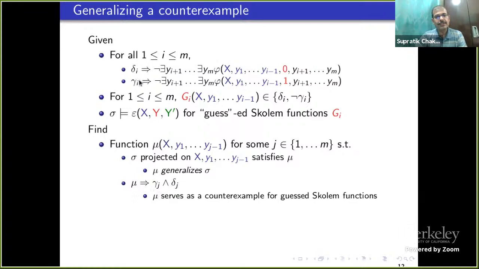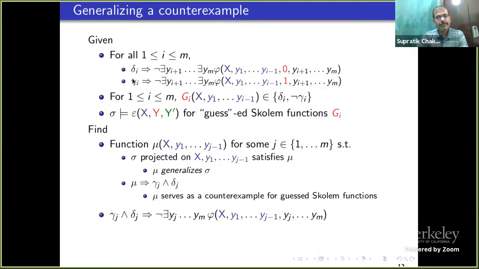Remember, we have all of these gamma j's and delta j's, which are under approximations of these quantities. And the moment I can find such a mu, and there are several heuristic ways to find such a mu, we can immediately say that this mu serves as a generalized counterexample for the guessed Skolem functions.